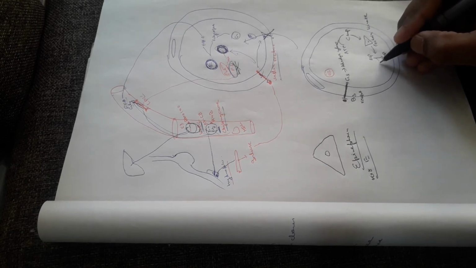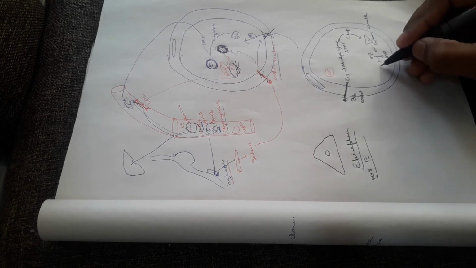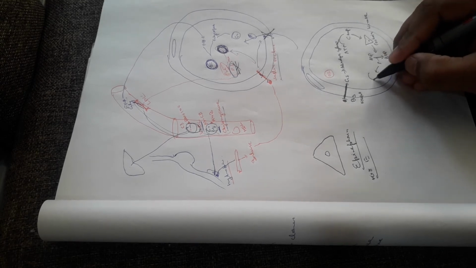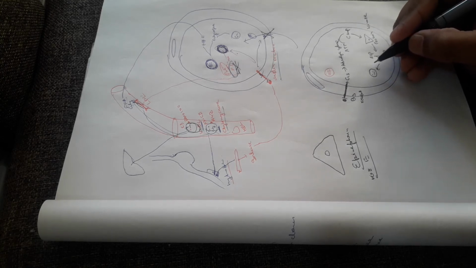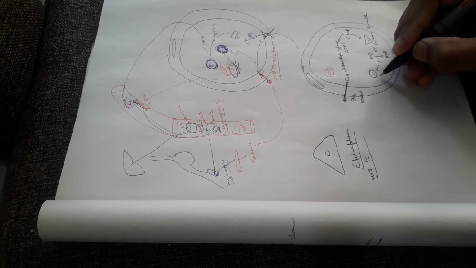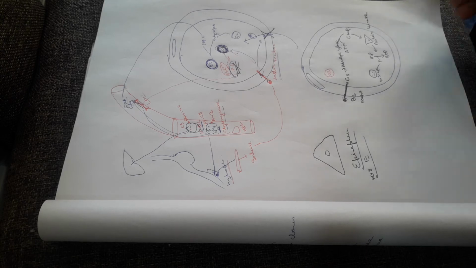When it breaks down, then phosphate molecule will be released. This phosphate molecule goes to another enzyme, and this enzyme is hormone sensitive lipase.